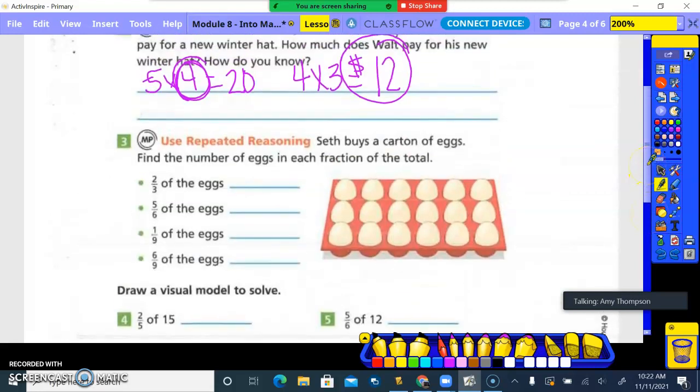Use repeated reasoning. Seth buys a carton of eggs. Find the number of eggs in each fraction of the total. So 2/3. Do they have 3 rows? Yes. And then we would use 2 of those columns, right?